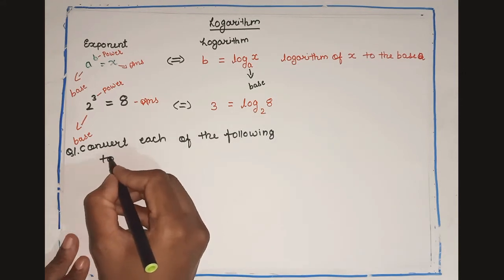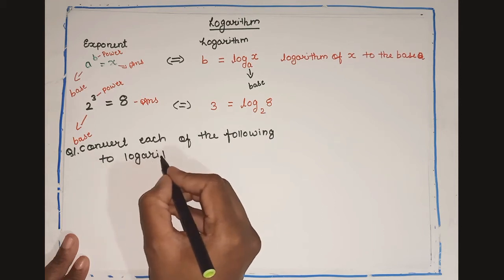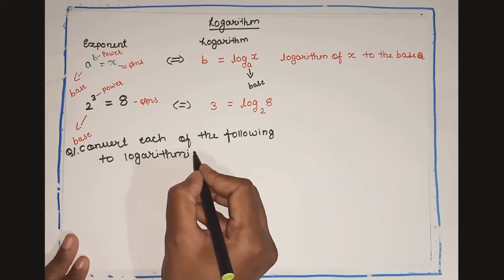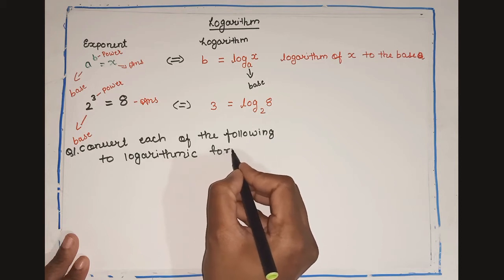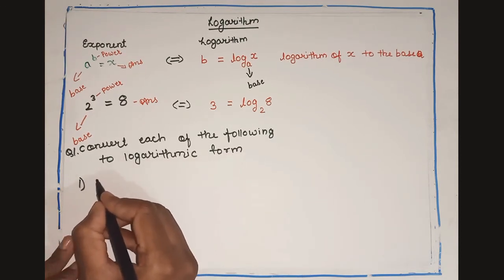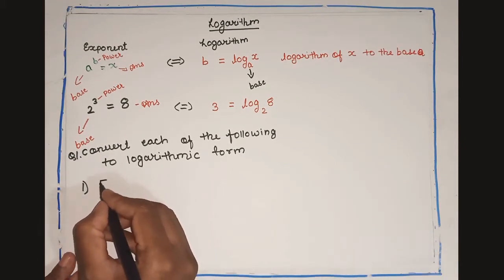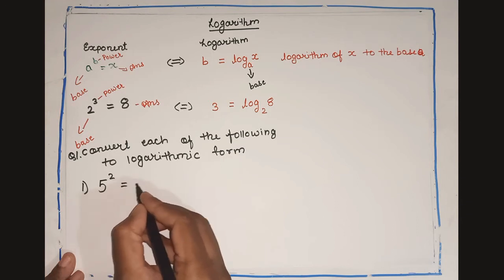So now the first one is 5 square equals 25.